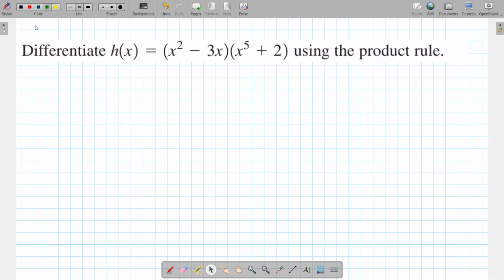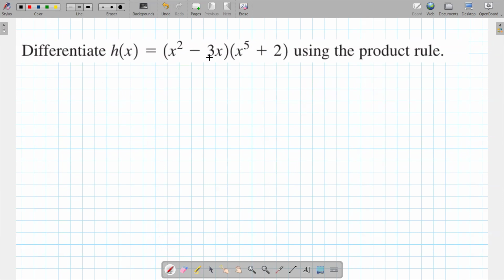Now notice here, you have something multiplied by something. You have two different functions being multiplied to one another. We haven't really seen this. Last time we had something like this, it's just one function, even though there's a root. It's just one function by itself. But now here we have a quadratic on the left, and we have a quintic. x to the power 5 is quintic on the right.